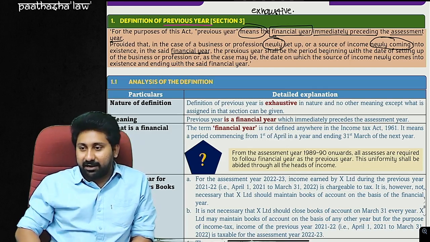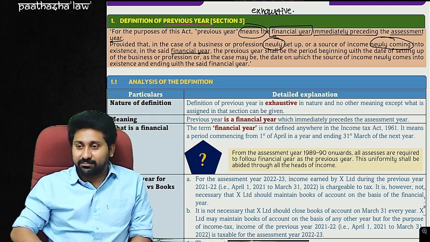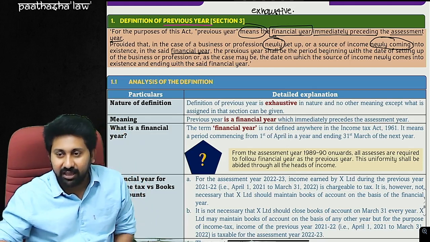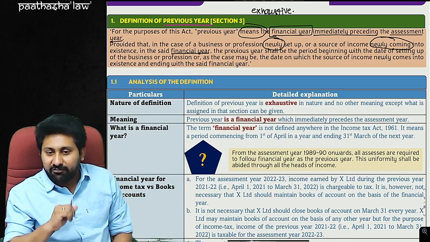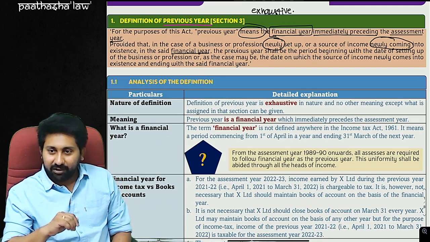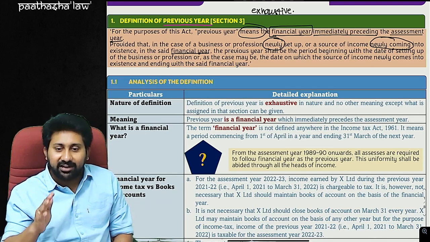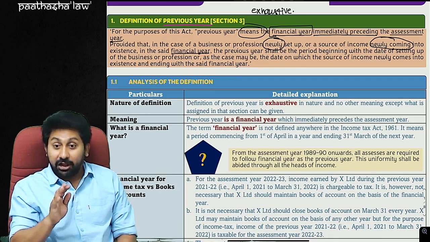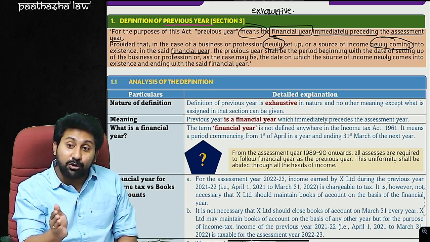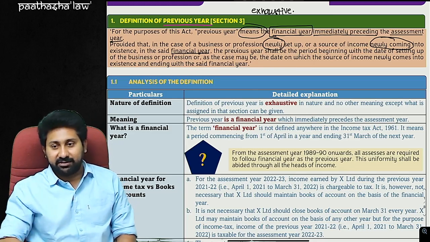Say for example, I entered into the movie field. Say for example, I went for story writing, or editing or acting, some sort of movie field I entered. Now I am having a new source of income coming in.